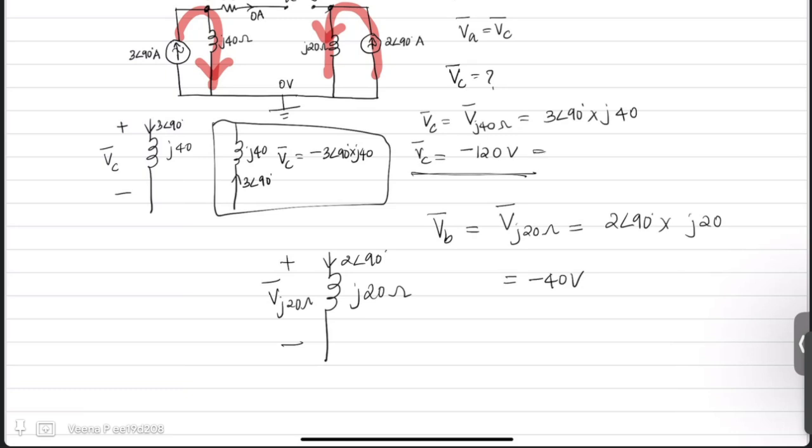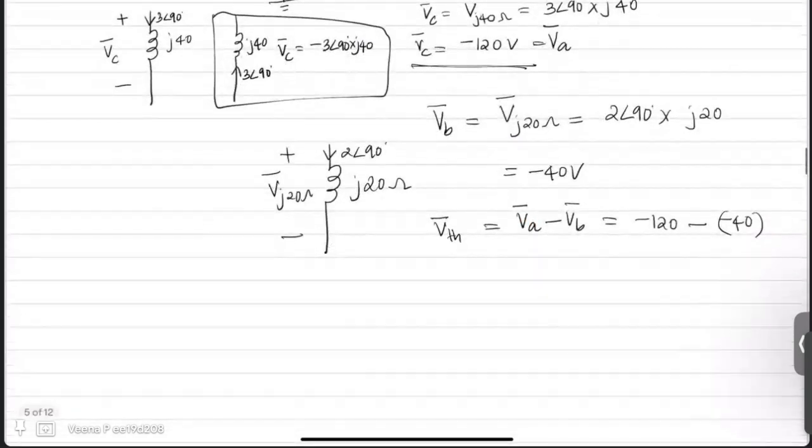So VC is nothing but VA, which you have already seen before. So your V Thevenin is nothing but VA minus VB. VA is minus 120 and VB is minus 40. So it is minus 120 minus of minus 40, which is minus 120 plus 40, or minus 80 volts.